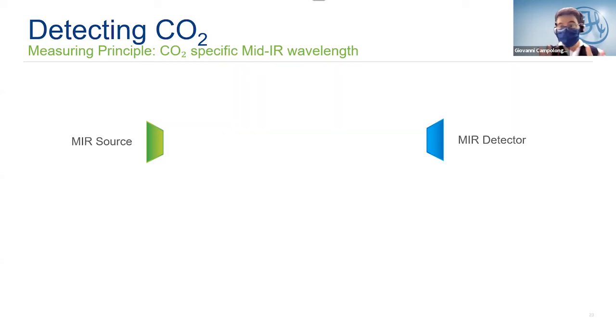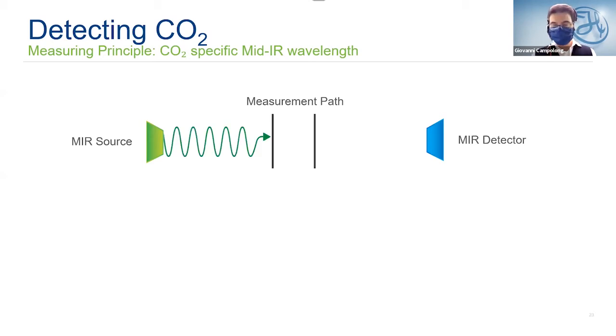If you're not familiar, don't worry, I'm going to explain right now. In the middle infrared, you can irradiate a sample with middle infrared radiation, and you can collect this radiation through a detector that is specific for the molecules that you want to identify, recognize, or quantify.